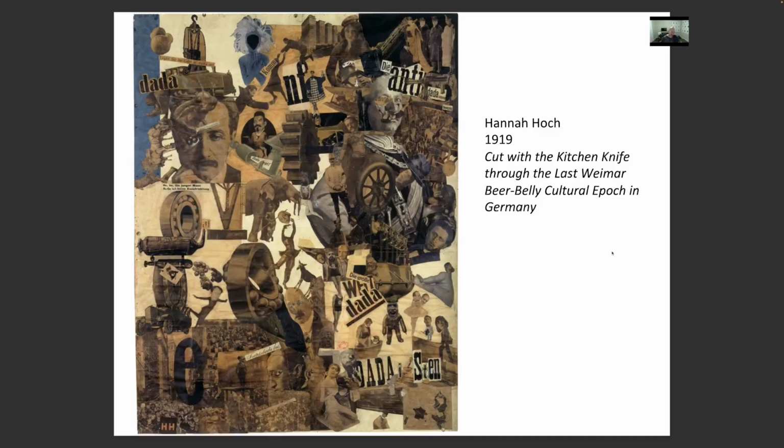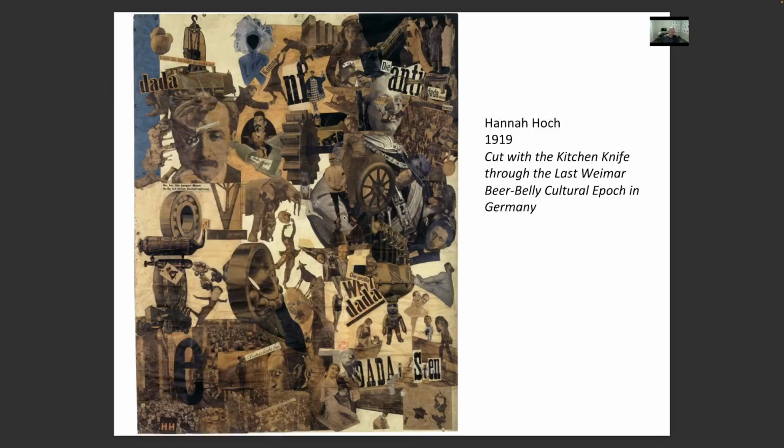And so what I want to say is that every image that you put into your collage, you are creating a new context for that image. It has the context of your composition. However, it also maintains at the same time an original context.